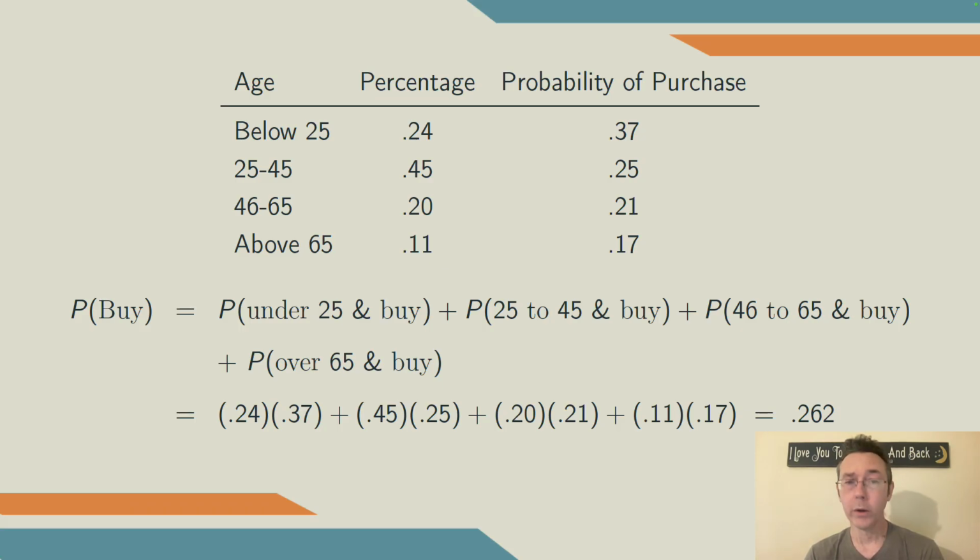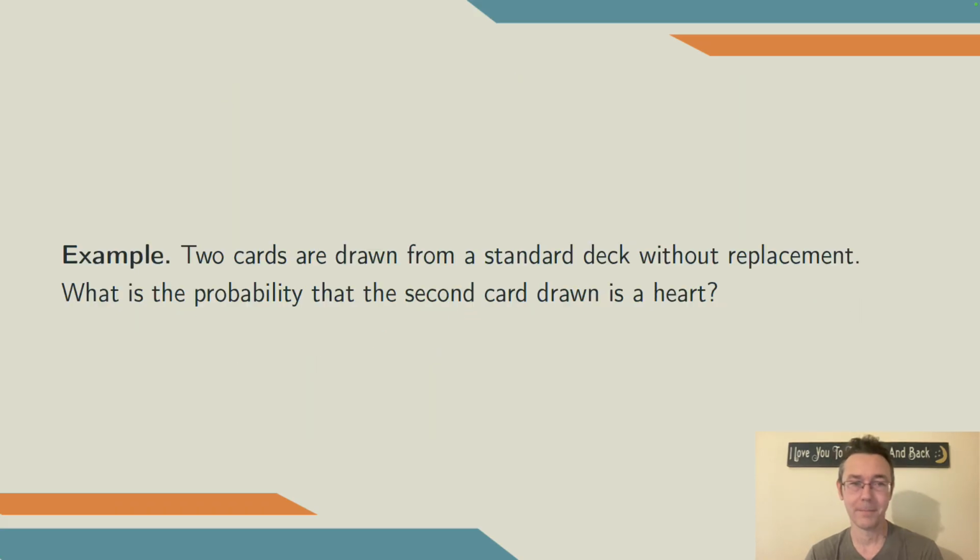We evaluate each one of those probabilities using the multiplication rule. So for instance, the probability that they're under 25 and buy is the probability that they're under 25, which is 24%, times the probability that they buy given that they're under 25, which is 37%. We do all this arithmetic, we simplify, we get 26.2%.